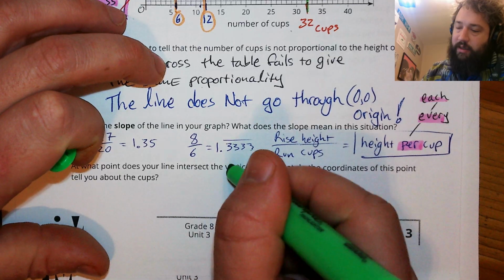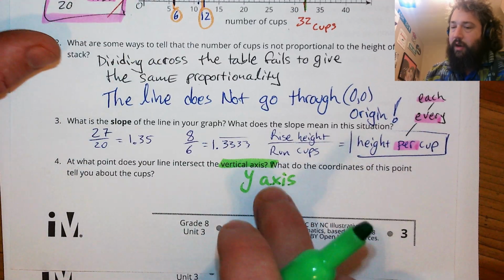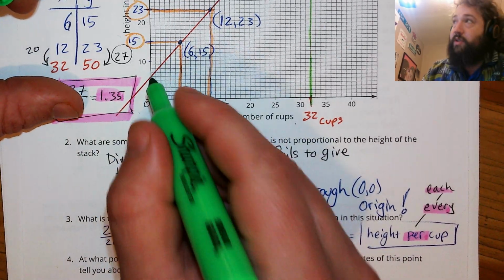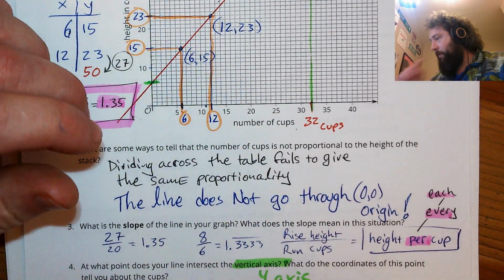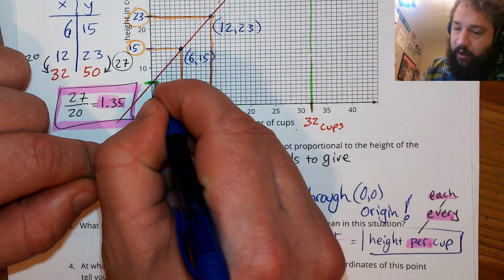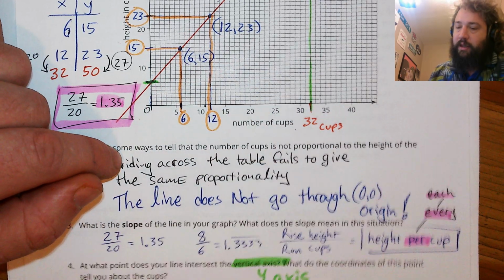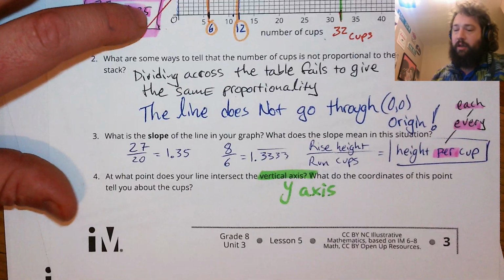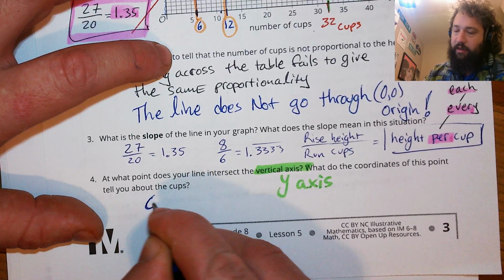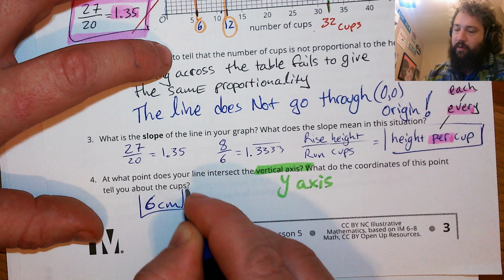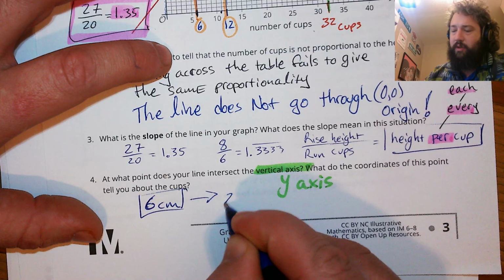Now my vertical axis, this is the y-axis. Okay, so then that seems to cross right here. And that seems to be at 1, 2, 3, 4, 5, 6. So it seems like I cross at 6 centimeters, which oddly enough is the same as 0 cups.